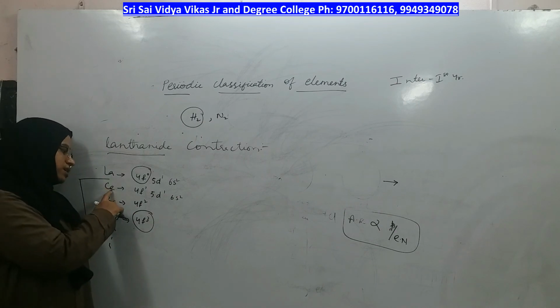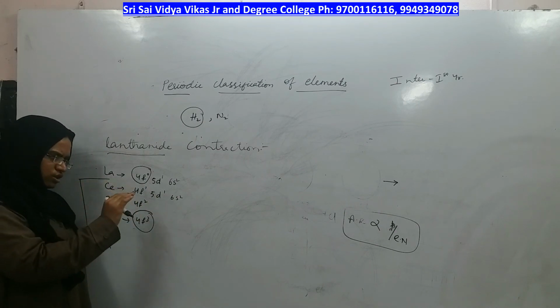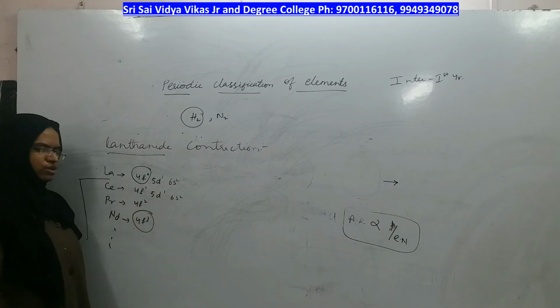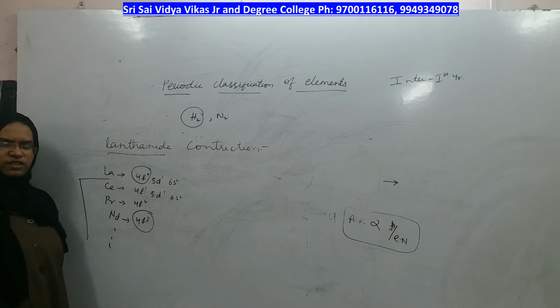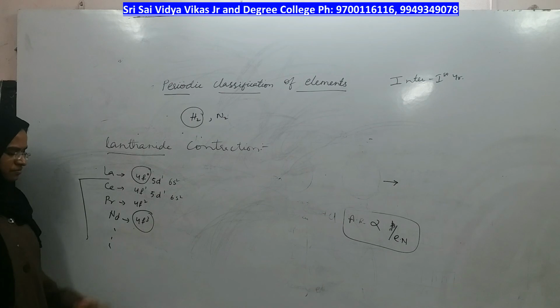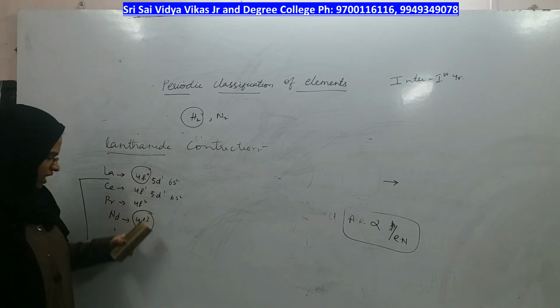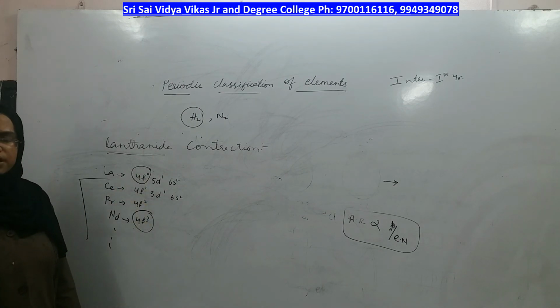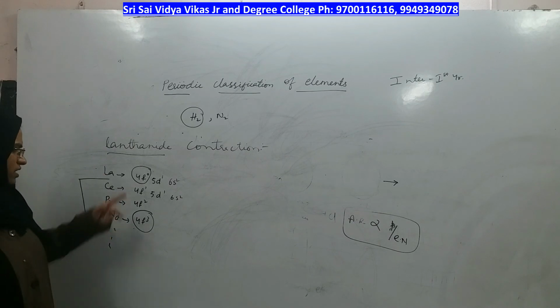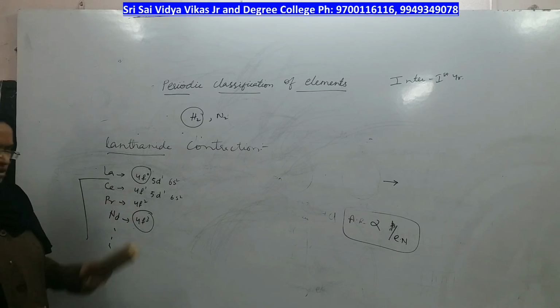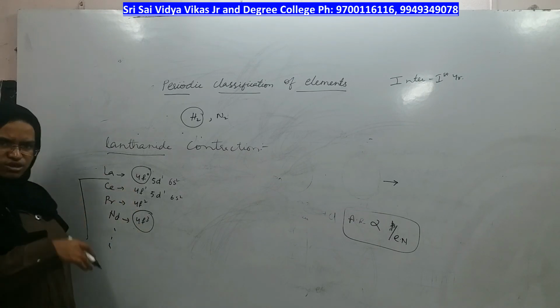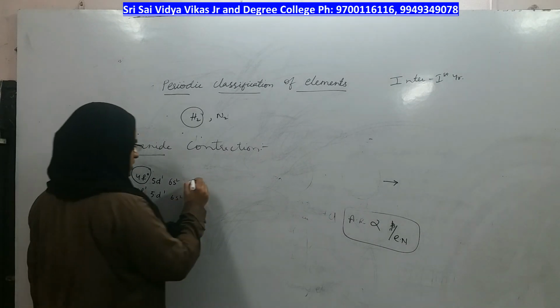Instead, from cerium, electrons don't go into d, rather go into f, f1, f2, f3 till f14, right? So, if that differentiating electron is entering into the f orbital with the increase in the nuclear charge, what happens? If the electron increases, nuclear charge also increases, right?